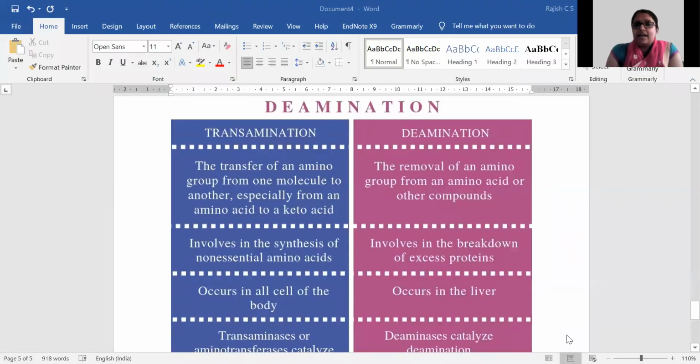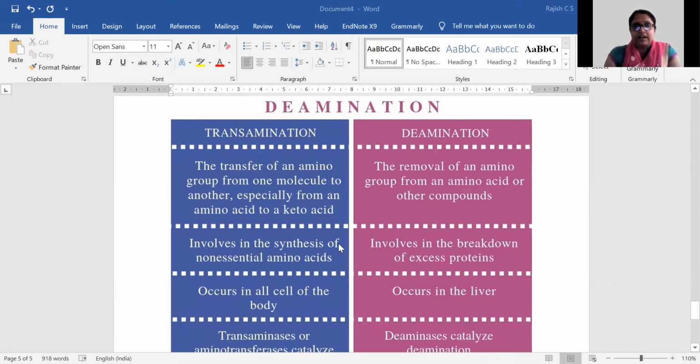As you know, transamination is the transfer of an amino group from one molecule to another, especially from an amino acid to a keto acid, like from glutamate. If glutamate and pyruvate are involved, then alpha ketoglutarate will be formed, and alanine will be formed.